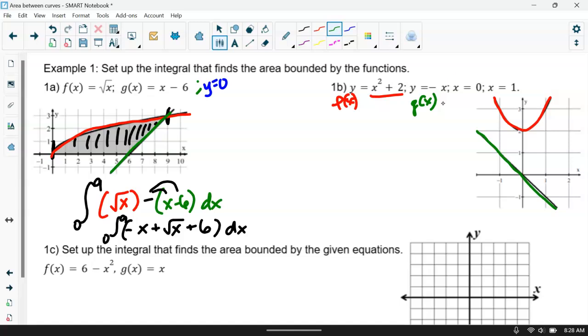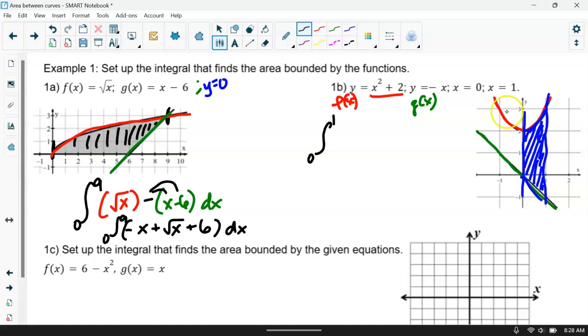Also notice the boundaries. We are given the boundaries, so we're talking about from x equal to 0 to 1. So we're focusing on the area of this entire region, past the x-axis, because we're talking about between f of x and g of x. So to set up our integral, we're focusing on from 0 to 1.